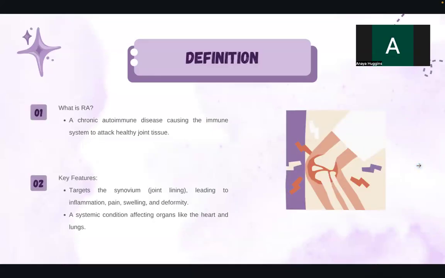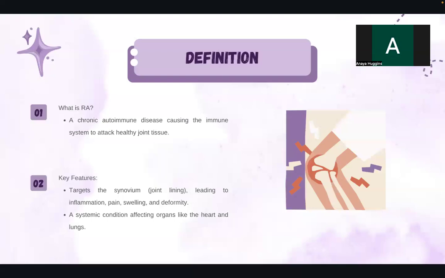Here, let's look at the definition of rheumatoid arthritis. So, RA is an autoimmune disorder where the immune system attacks healthy joint tissue, leading to inflammation and damage. This inflammation targets the synovium, which is the joint lining, causing swelling, pain, and stiffness.